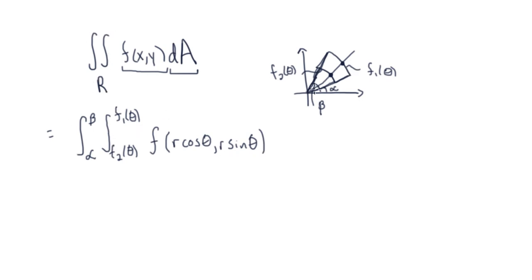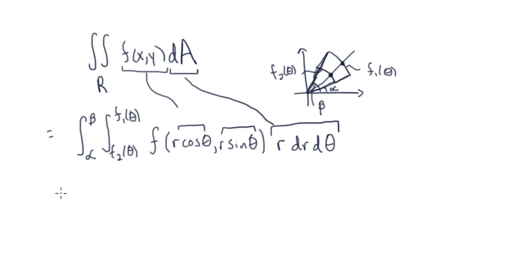I fix an angle and then see that the region is naturally between two functions of theta. And then we have r, dr, d theta. So recall that the dA we replace with this new area element, r, dr, d theta, and the function we replace x and y with their corresponding transformations into polar coordinates, and now we have the polar integral set up.